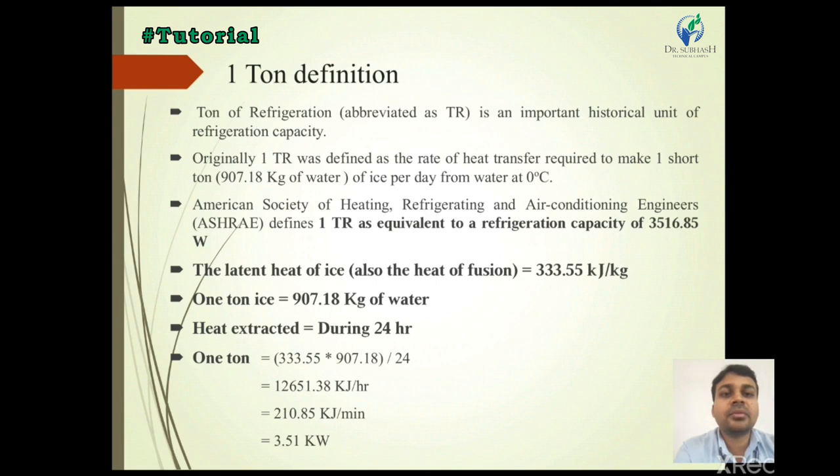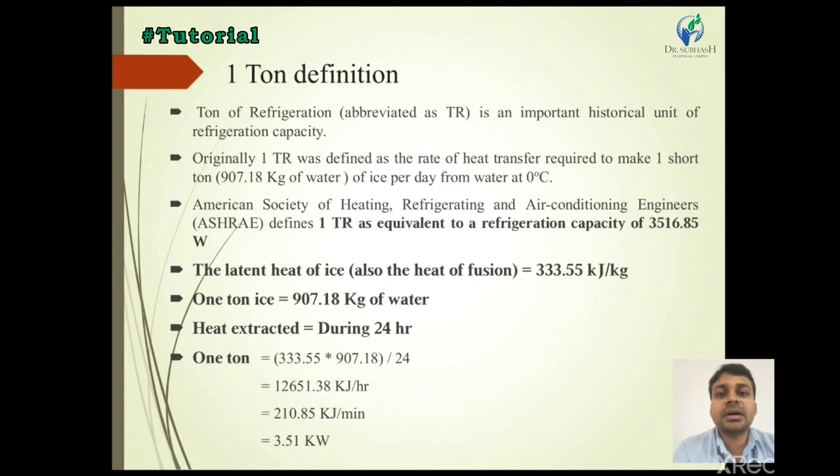For another equation of 1 ton, latent heat of ice times 1000 kg of water divided by the 24-hour duration in a day. The answer is 12651.38 kilojoule per hour.